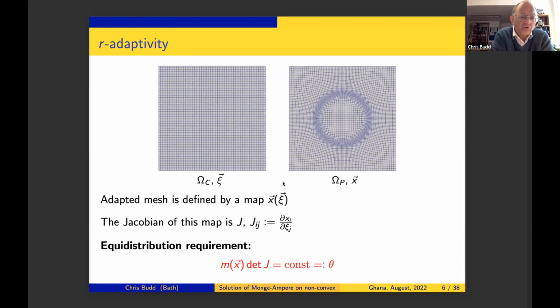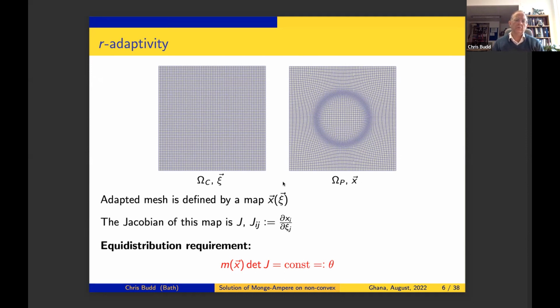The equidistribution requirement then becomes the very straightforward expression that the monitor function times the determinant of the Jacobian is a constant. So that's the equation that we're interested in solving to find the map from the computational to the physical domain.